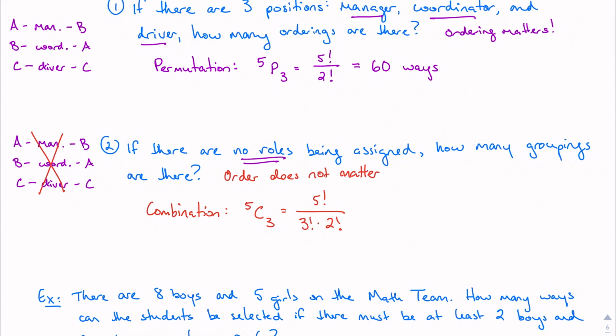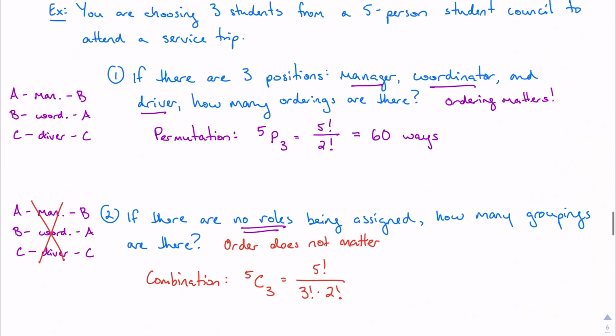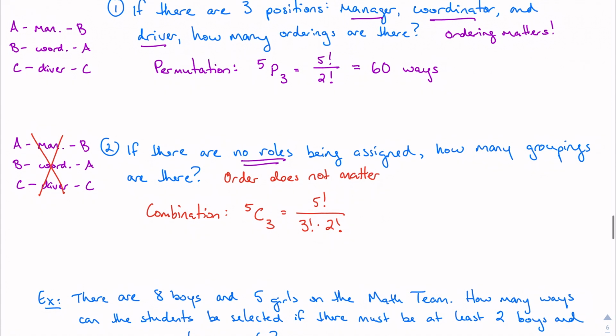This r factorial is my way of getting rid of all these duplicate groups that I now have, where A, B, C and B, A, C are the same exact grouping. So that 3 factorial that I'm adding in there, that's my way of getting rid of those duplicates. And I have 10 ways now that I can do that.